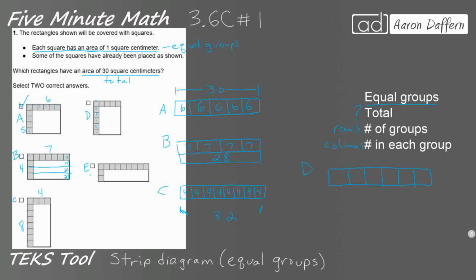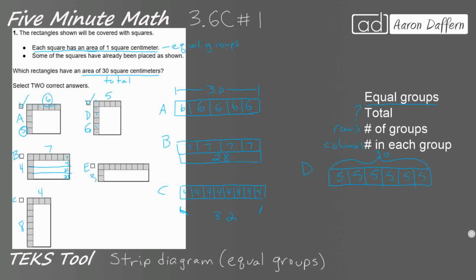And then I've got 1, 2, 3, 4, 5. So look, that's opposite of what I had here. On A, I had 5 rows of 6 columns. Now I've got 6 rows of 5 columns. Well, that's just the commutative property, which means it's still going to be 6 times 5, which means it's still going to get us an answer that we need. So that's going to work, which means E is going to be wrong, but let's verify.